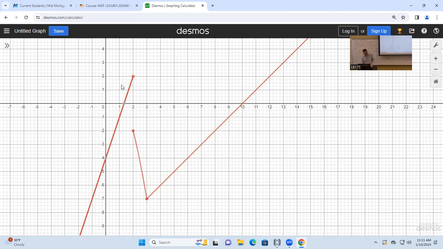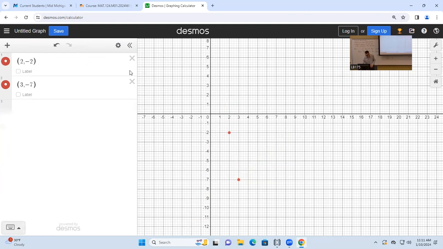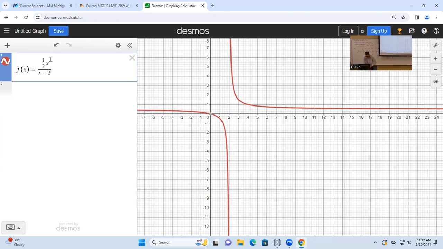The other place where we saw it wasn't continuous was when we had these troublesome spots like zeros in our denominator. If I have f of x equals, let's say, 1/2 x divided by x minus 2, you'll notice at 2, I'd have to lift my pencil.